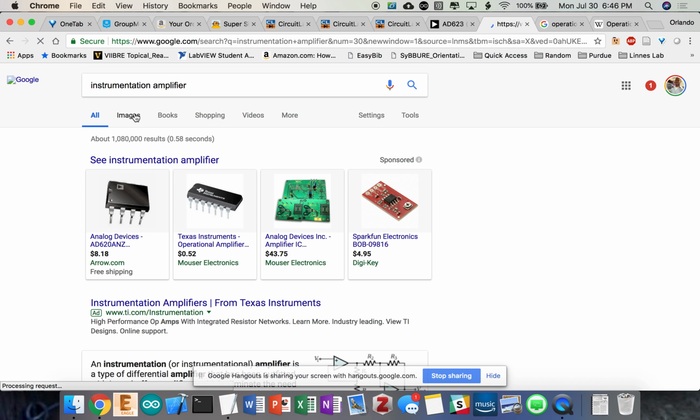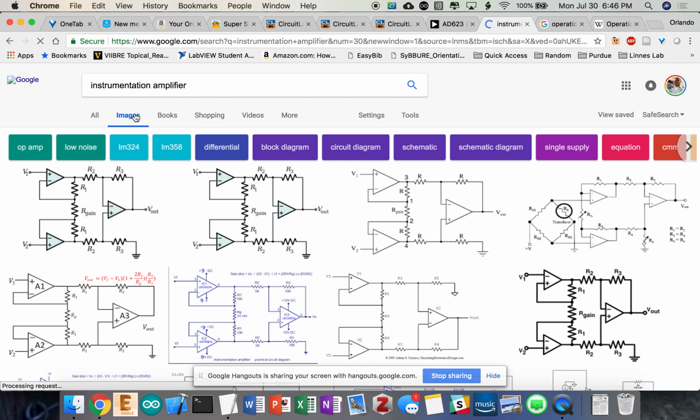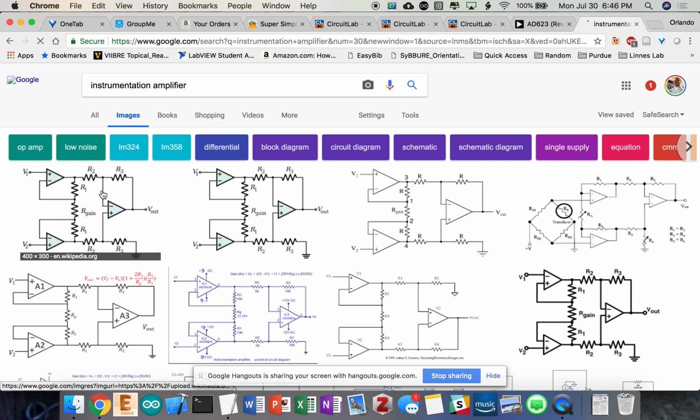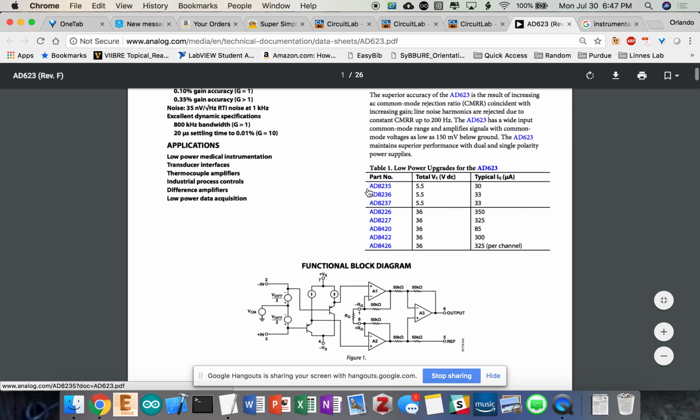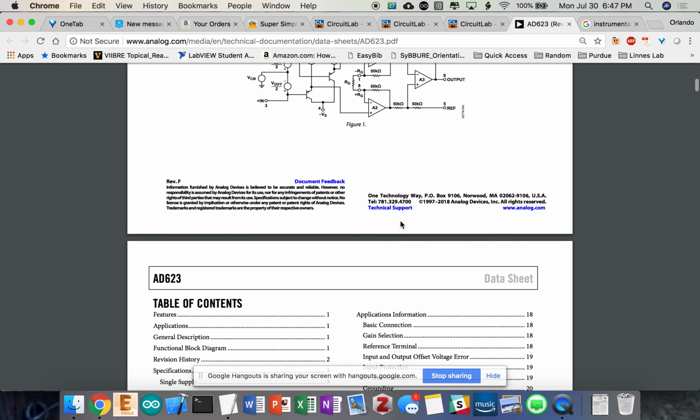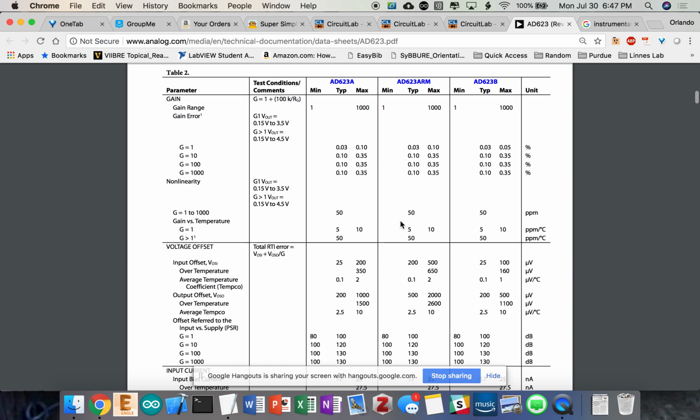Any more lasting questions? So for the instrumentation amplifier, if you solve the theoretical output equation, you'll see that the gain depends on Rg if you make all the other resistors equal to each other. Most instrumentation amplifiers will tell you the equation, because you need to know where your gain is.